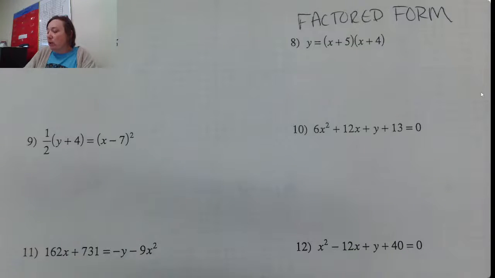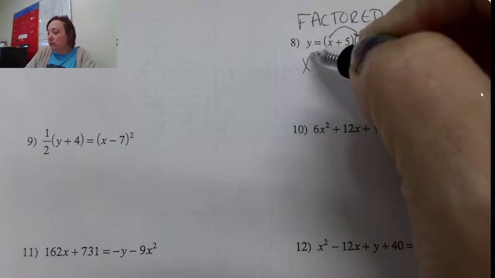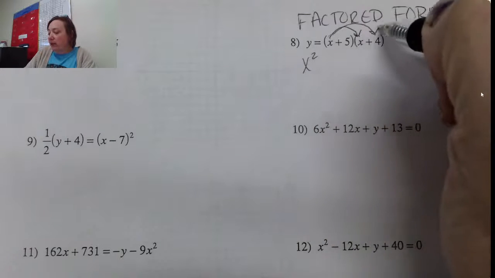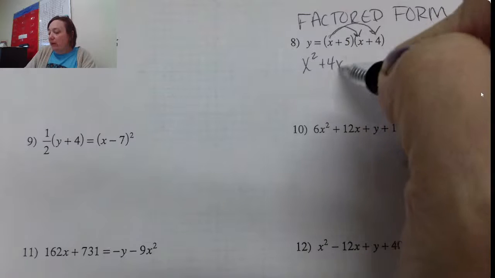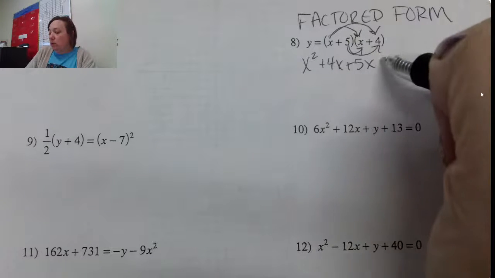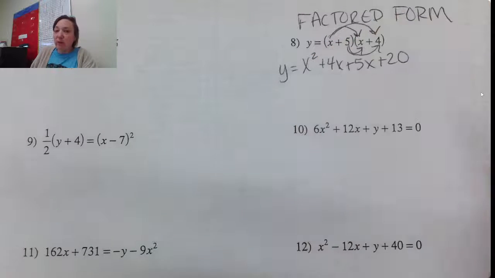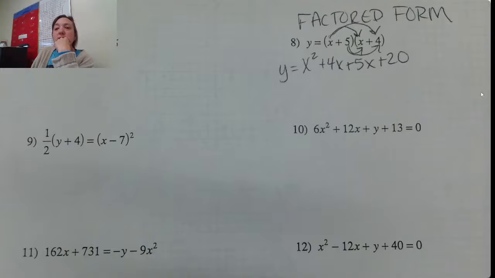Okay? So we're going to do our distributive property and do x times x, x times 4x, 5 times x, and 5 times 4. And then simplify anything you've got there to simplify. So do we have anything we can simplify?